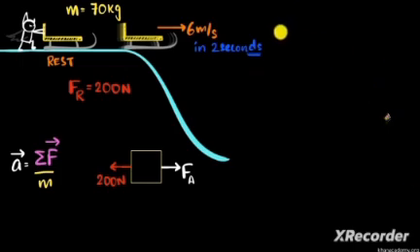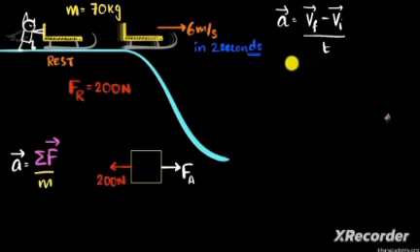Okay, let's do this. So let me first calculate the acceleration. So our acceleration is going to be, well, how do we figure this out? This is the final velocity minus the initial velocity divided by the time taken. So in our case, the final velocity is 6 meters per second to the right, minus, what's the initial velocity? Well, it's 0.